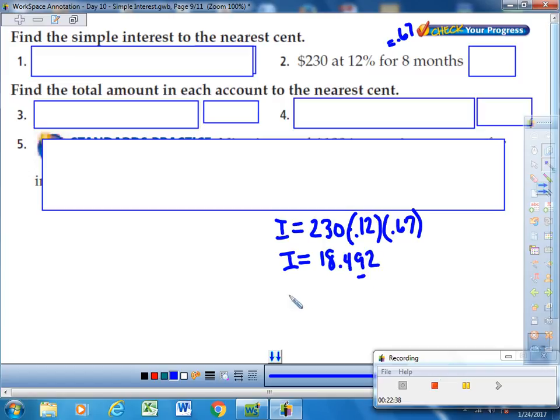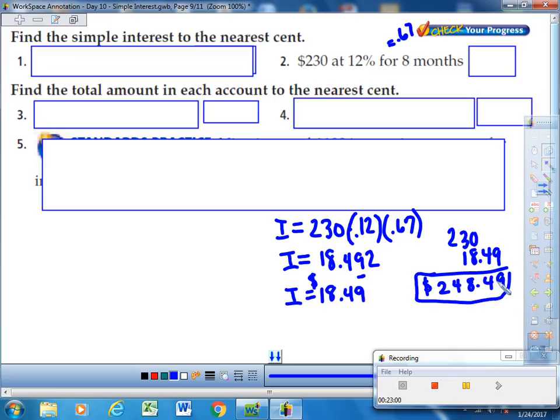You've got to round to the nearest cent, so it's 18.49. Then you're going to add that to 230. So the total in the account is $248.90.